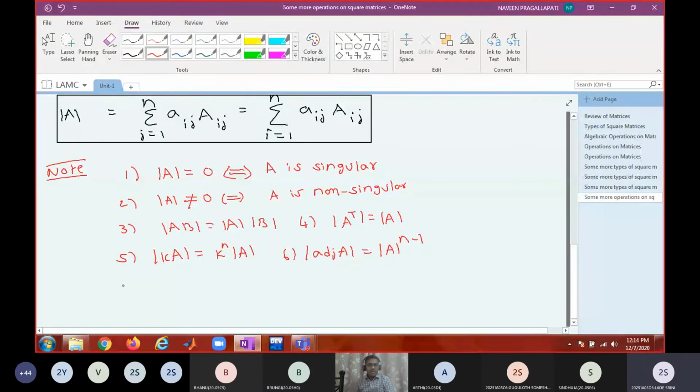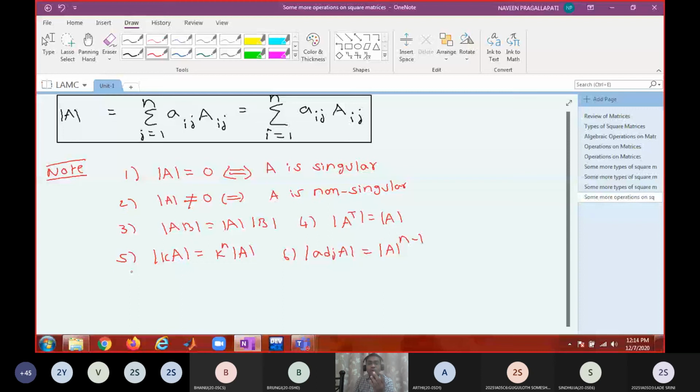So like this, there are several other properties, so just list them out. If any two rows are identical, determinant will be 0. If any two columns are identical, determinant is 0. If you interchange two rows, the resultant determinant has to be multiplied by minus 1.